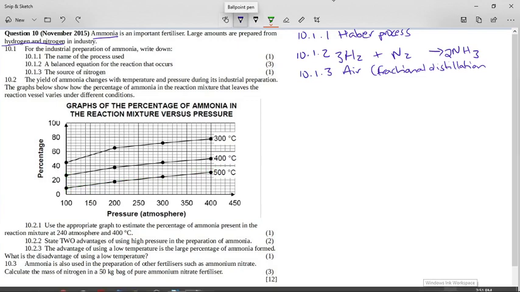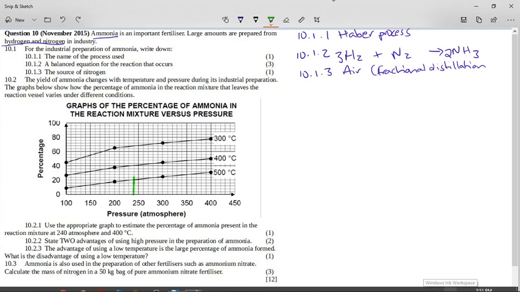Remember that this is an equilibrium reaction, and so this tells you that at a higher temperature, the equilibrium is driven to the left because this reaction is exothermic. It says use the appropriate graph to estimate the percentage of ammonia in the reaction mixture at 240 atmospheres.